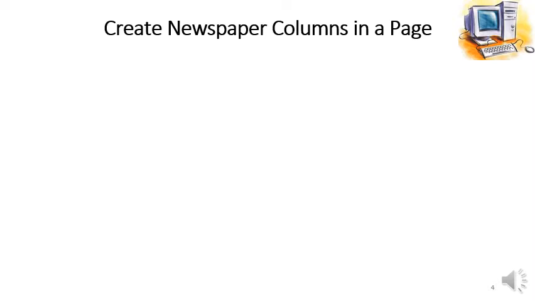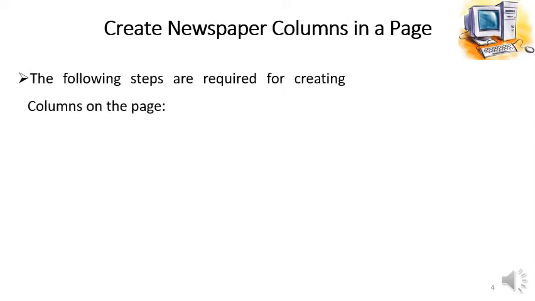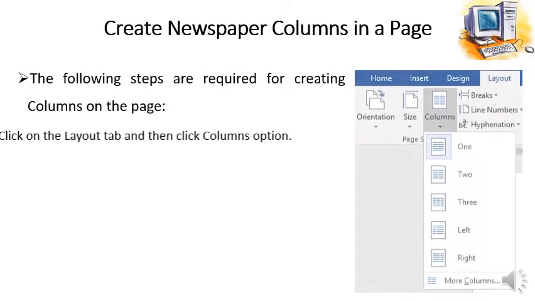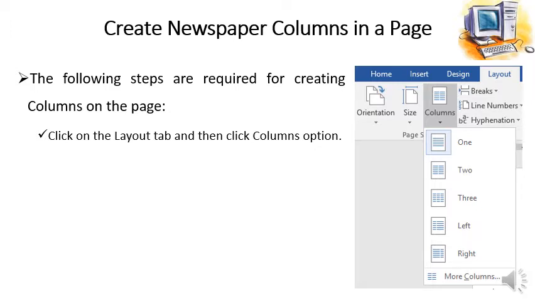Create newspaper columns in a page. The following steps are required for creating columns on the page. First of all, we have to click on the Layout tab and then click Columns option. Here in this image we can see that the Layout tab is active, and under the Layout tab there is a column option. When we click on it, a drop down list will appear.